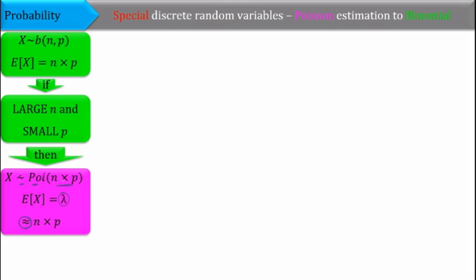Remember, for a Poisson we need a parameter lambda. We know that lambda is nothing but the expected value. For a binomial we have two parameters, n and p, where n is the sample size or the number of trials and p is the probability of a success. We know that n times p is the expected value, so that means that when we have a large n and a small p, taking n times p, it will be approximately equal to lambda.